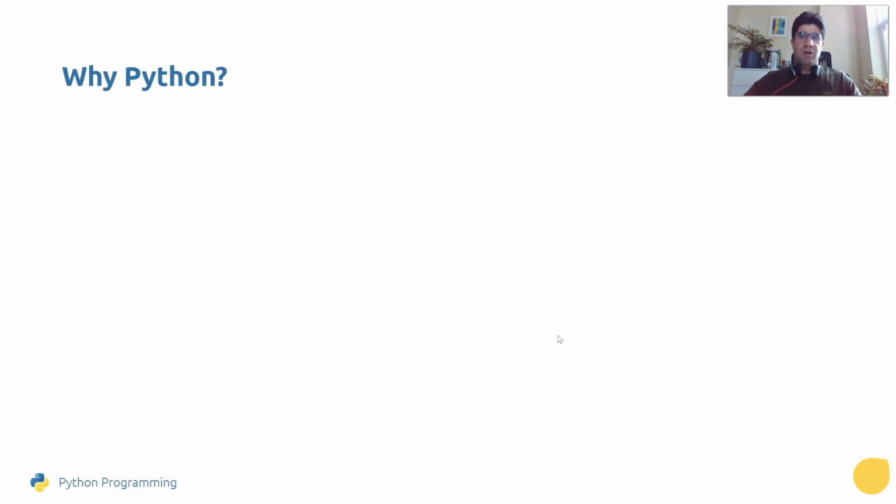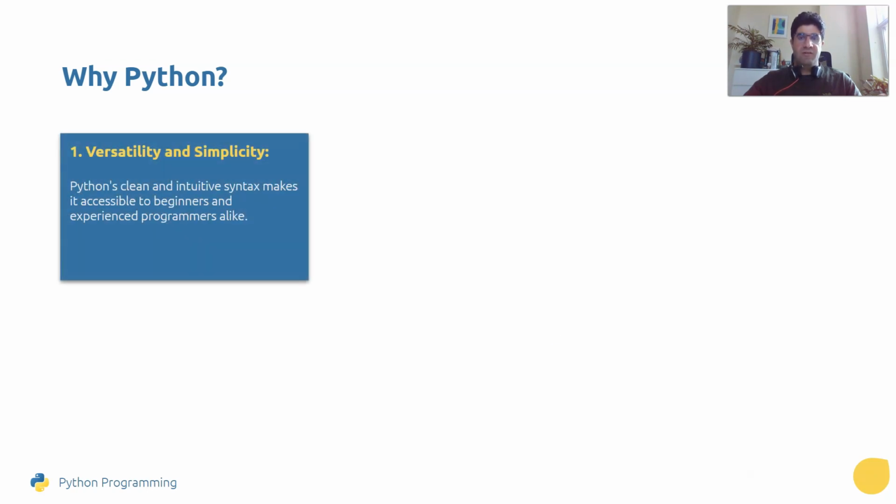But let's see why we need to learn Python. There are a lot of reasons. Versatility and simplicity: as I mentioned, Python is really simple, and for a beginner programmer, it's the best starting point, and you can learn Python easily because it's very similar to the English language.